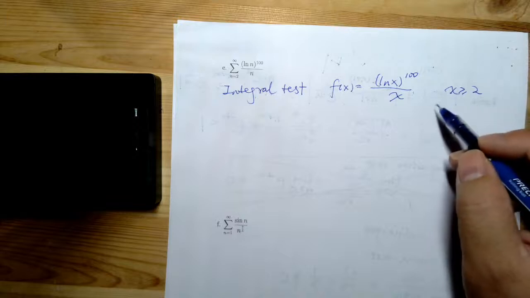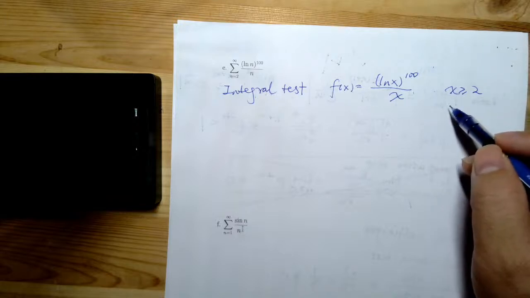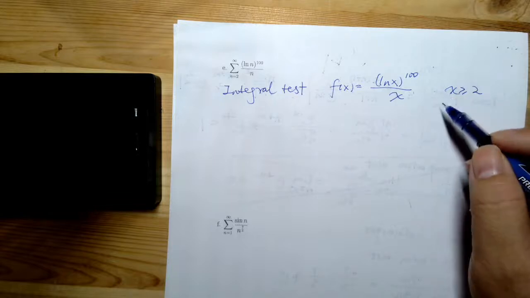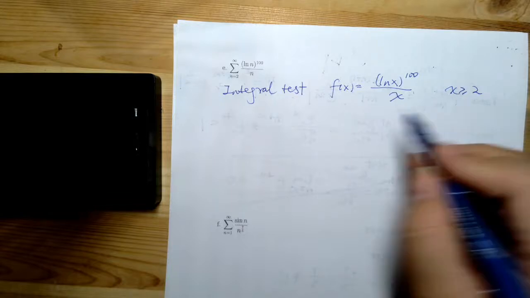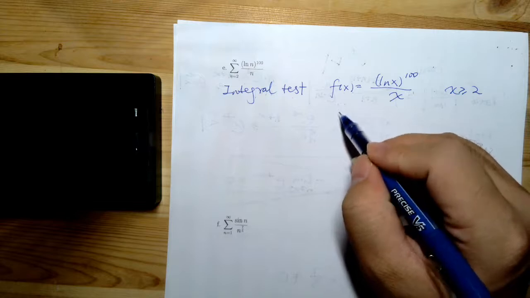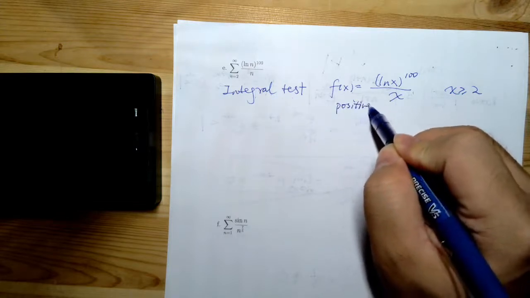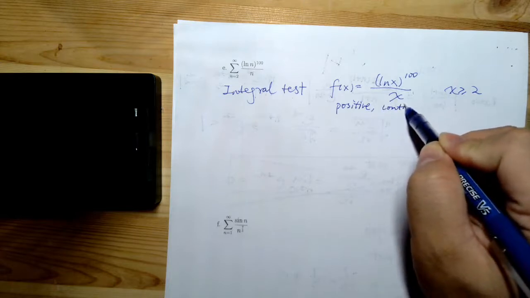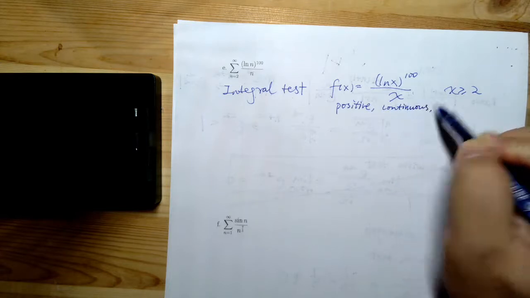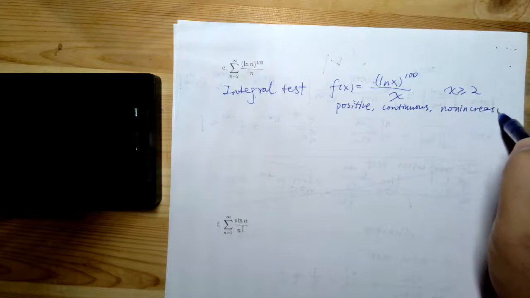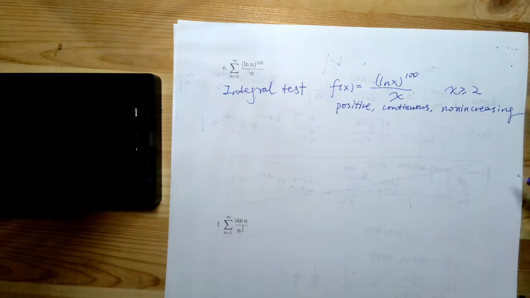Actually, it's not that bad to figure out the derivative and to show that this is positive, continuous, right? And then not increasing. So the three conditions.